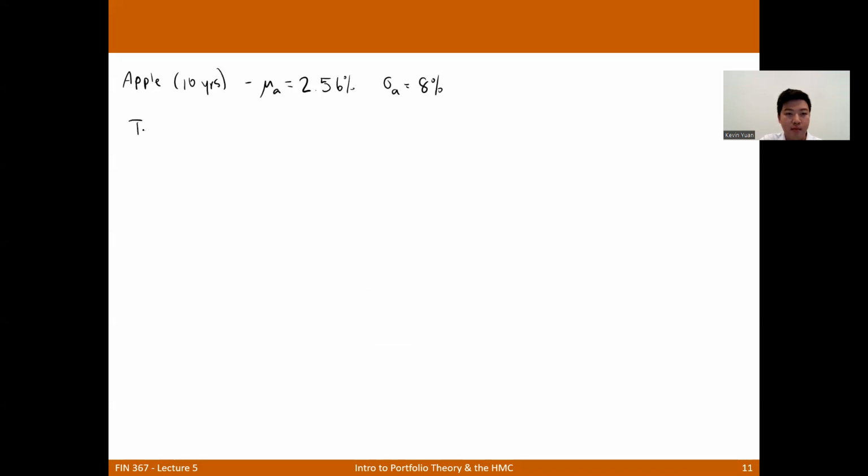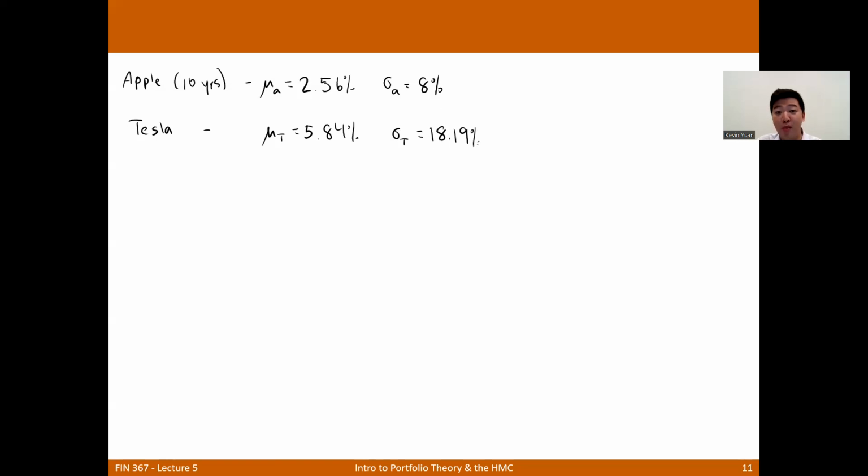And let's say Tesla over that same period had an average monthly return of 5.84% and a standard deviation of 18.19%. Okay, so clearly Tesla's way more volatile, right?